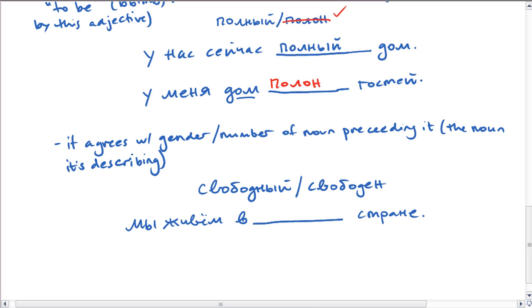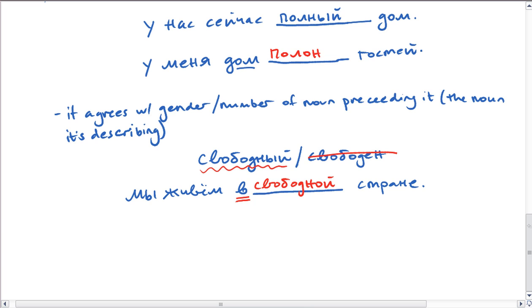Okay, so we have to use the long form because it's following v, so it's going to be in the prepositional case, which means it's not the nominative case, which means it cannot be the short form. So мы живем в свободной стране. All right.